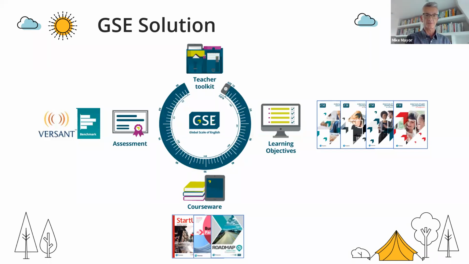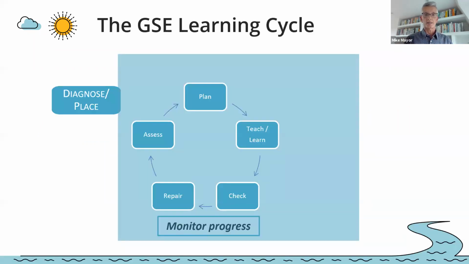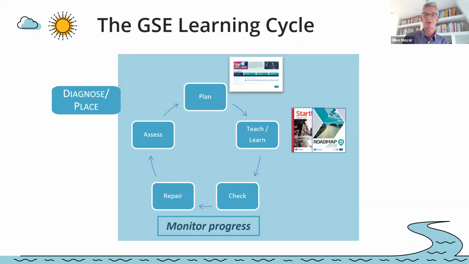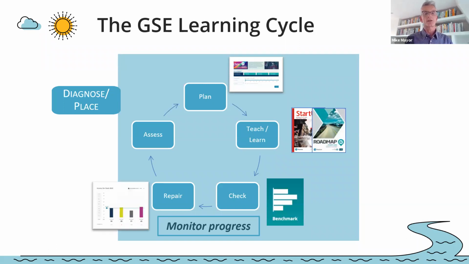We'll give Global Scale of English scores. And as I show you on this slide, there we have the planning with the learning objectives, teaching with the materials, checking with the proficiency exams. Those proficiency exams will give you reports which will itemize problem areas and give you some information on how to repair those problem areas. And I'll show you that in a bit more detail later as well.